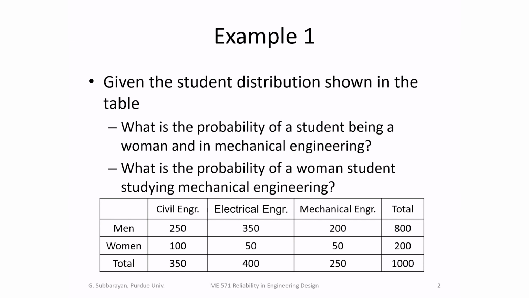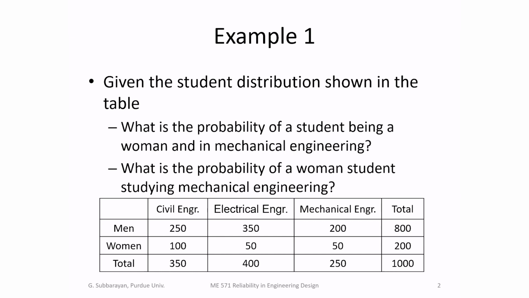And the second question is, what's the probability of a woman student studying mechanical engineering? This seems like a bit of a word twist. And the key message in all of these problems is converting verbal statements into probabilistic events and describing the probabilistic events mathematically.